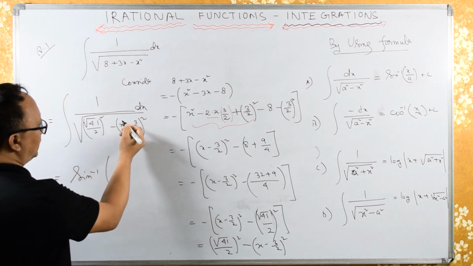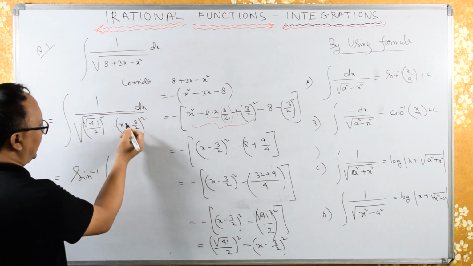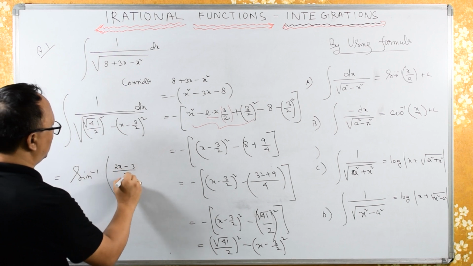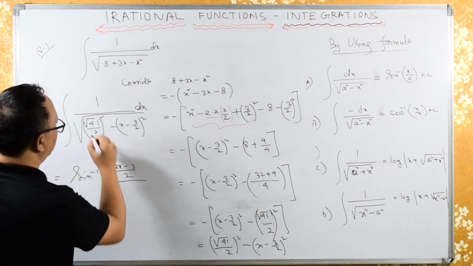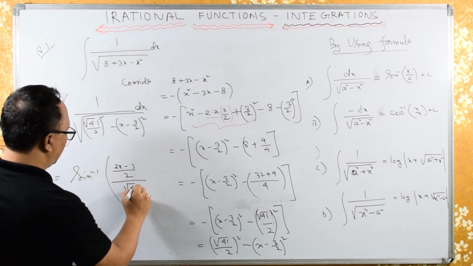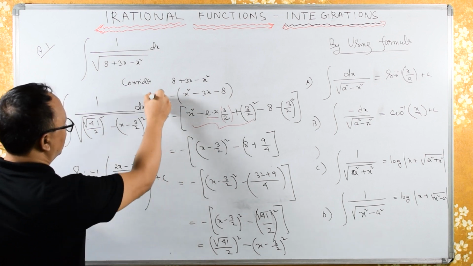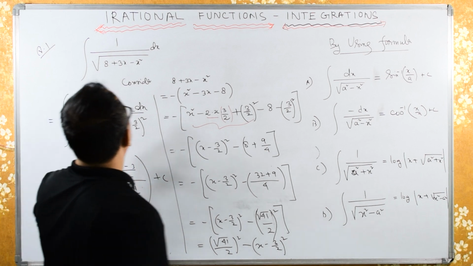What is our x? If you take LCM, here you have (2x minus 3) upon 2, and upon what is a? Root of 41 upon 2, plus some constant. This is the required answer for 1.